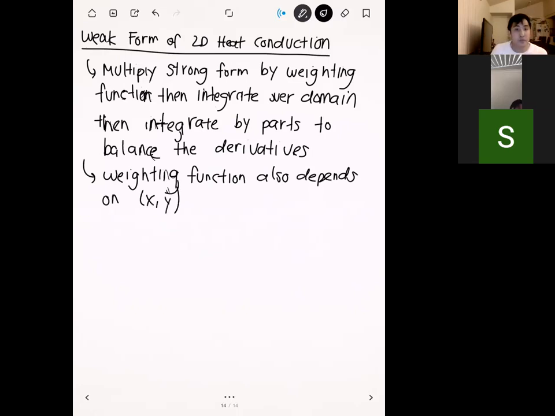And since we're in 2D, the integral that we perform here is going to be a double integral. And as we mentioned, the integration by parts is done by Green's formula.